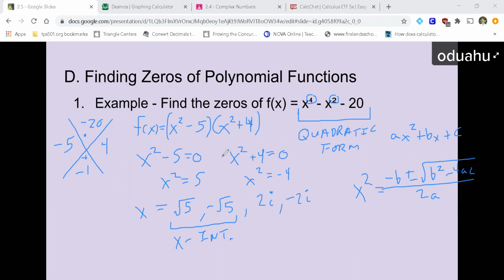All right, questions about this? Actually, I take that back. Now looking at our zeros, the rational zero test would absolutely fail this problem because it has no rational zeros. It has 2 radicals and 2 complex.